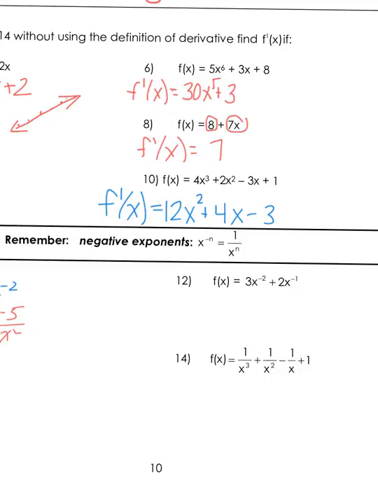Okay. 12. We're ready to start with the derivative because I'm looking at x to an exponent. So the derivative is negative 6 x to the negative 3 minus, because that negative 1 comes down, 2 x to the negative 2. And then we rewrite.